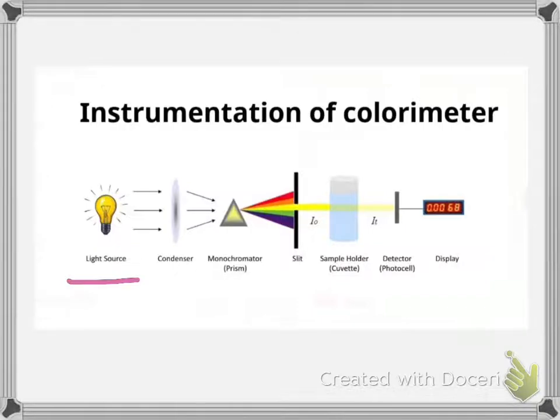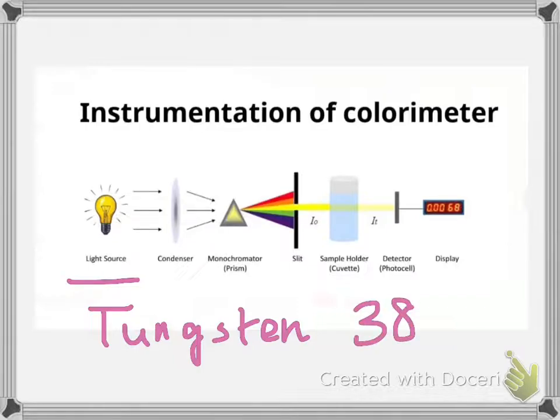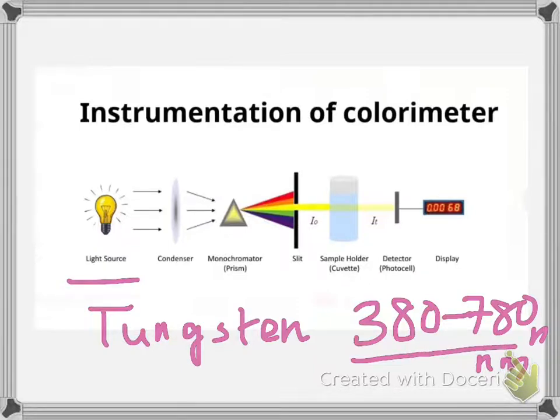Usually a tungsten lamp is used as the light source, and it produces energy at sufficient intensity throughout the whole visible spectrum, that is 380 to 780 nanometers.